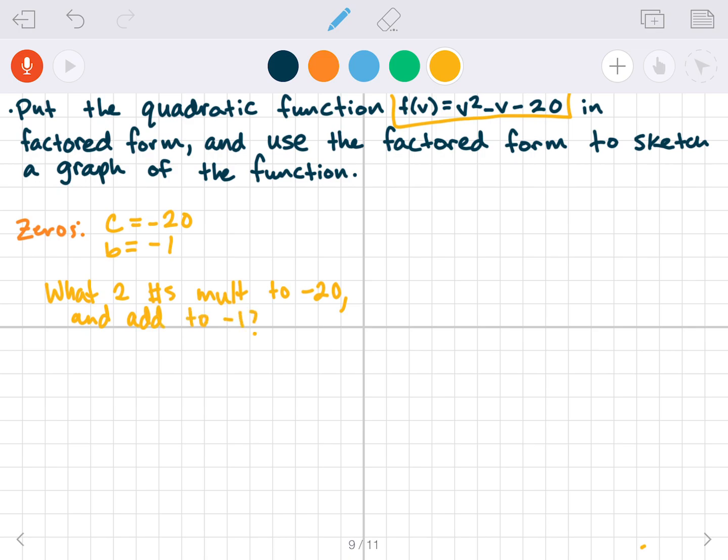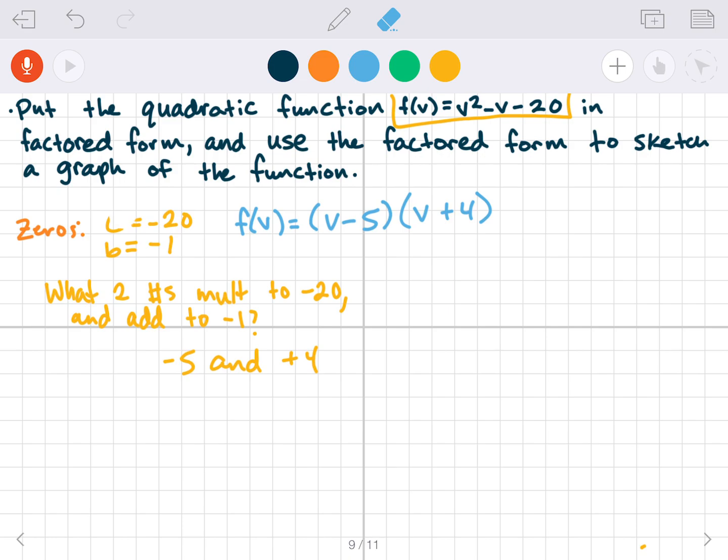I'm thinking negative 5 and positive 4. All right, multiply them together, we get negative 20. Add them together, we get negative 1. So our factored form of this is going to be the following. So f of v is equal to v minus 5 times v plus 4.